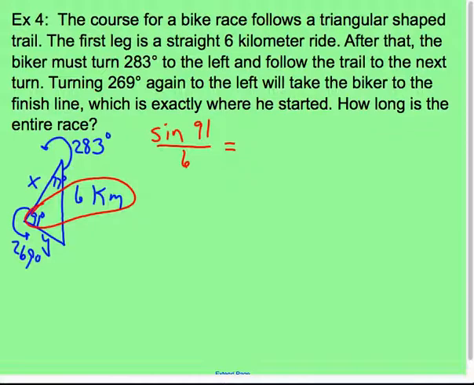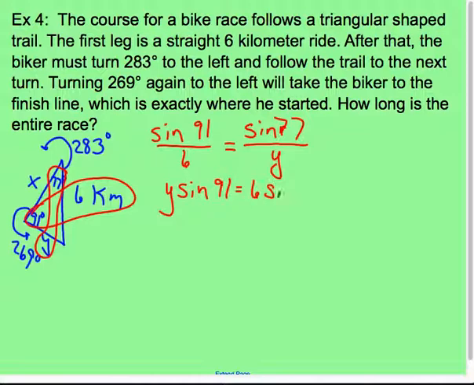Since I haven't yet found my first angle, I'll solve for Y. So we've got the sine of 77 over Y. My variable is in the denominator, so I'm going to cross multiply. And then divide by the sine of 91. For an approximate length of 5.847.